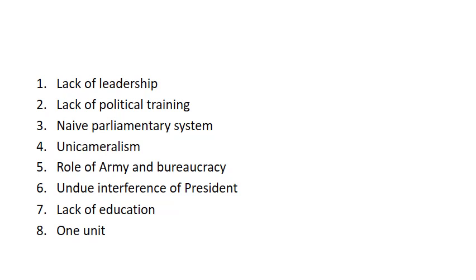And when they were merged under the one unit scheme, the local politicians who had very low influence, or who could only influence their areas or provincial levels, lost their power, and they created so many problems. And because of that, the constitution of 1956 failed.